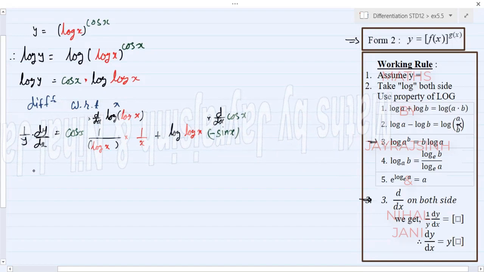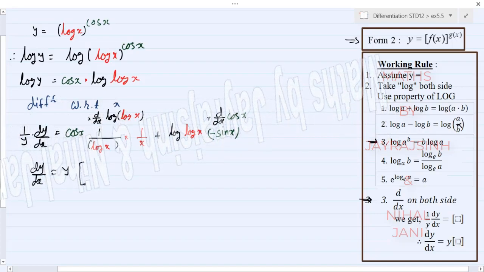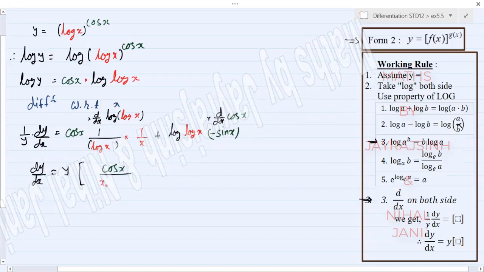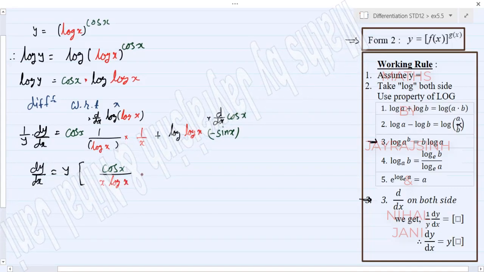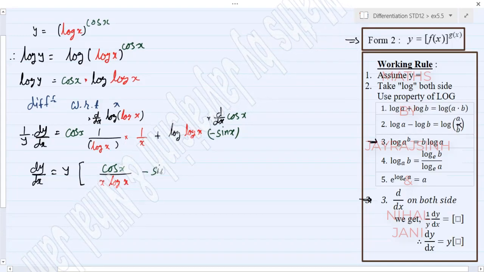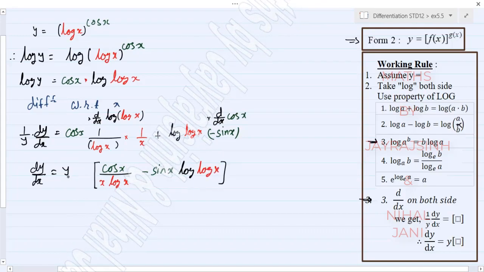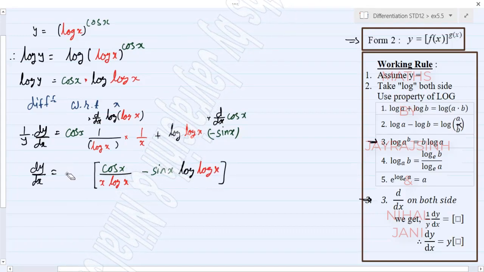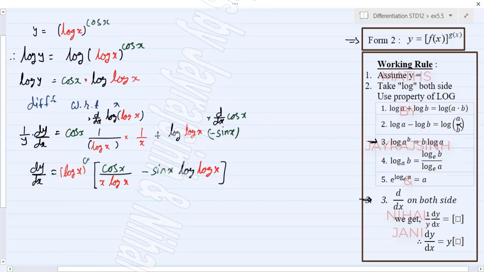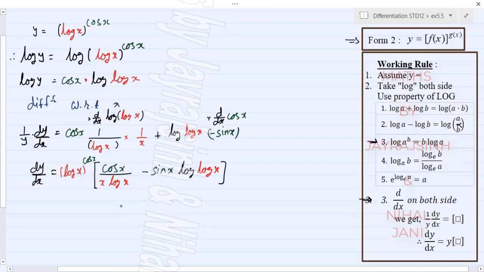So we can say your dy by dx is simply y into cos x upon x log x plus minus sin x into log of log x. If we substitute the value of y, we will get log x whole raised to cos x is your simplest and final answer. Ta-da!